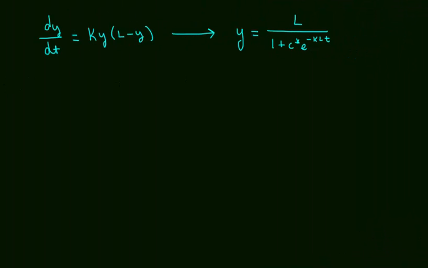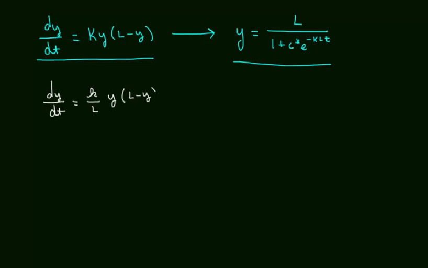Alright, here we go. We're about to prove this, that when we have this differential equation, it leads to this solution. One last comment before I do the proof, though. Some textbooks, including yours, say dy dt is little k over L times y times L minus y.